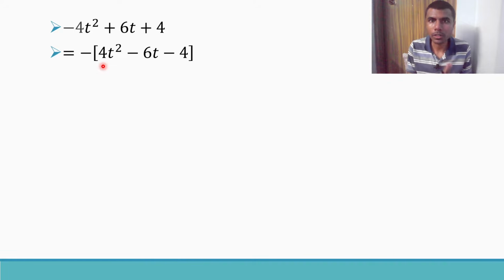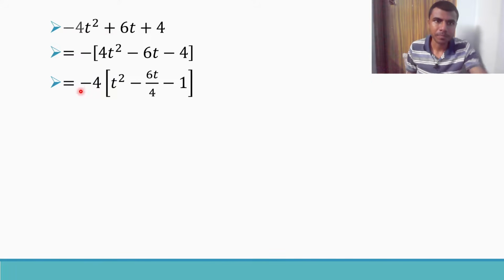Beside t square there is 4. I do not want anything to be there, just 1 should be there. So take 4 common. If I take 4 common, I get 4 into t square. Since there is no 4 here, by 4 will come 6, 6 by 4. Here also 4 is taken out, so minus 1 will remain. I hope this step is also clear.